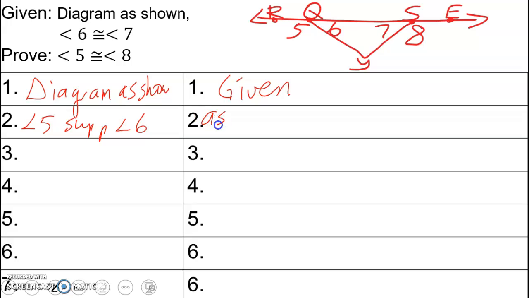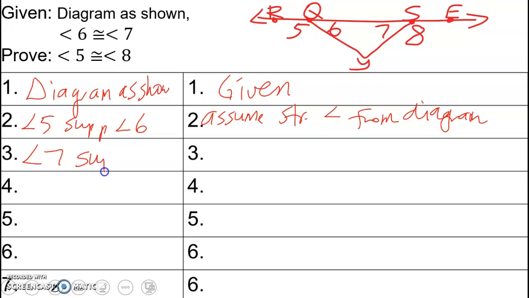Assume straight angle from diagram. And likewise, angle 7 is supplementary to angle 8 for the same reason.